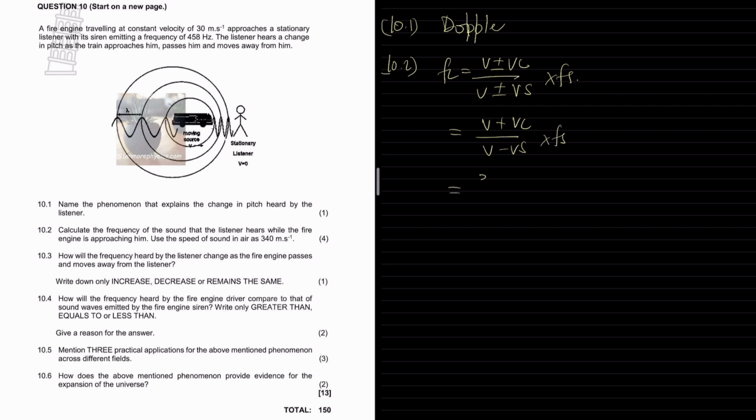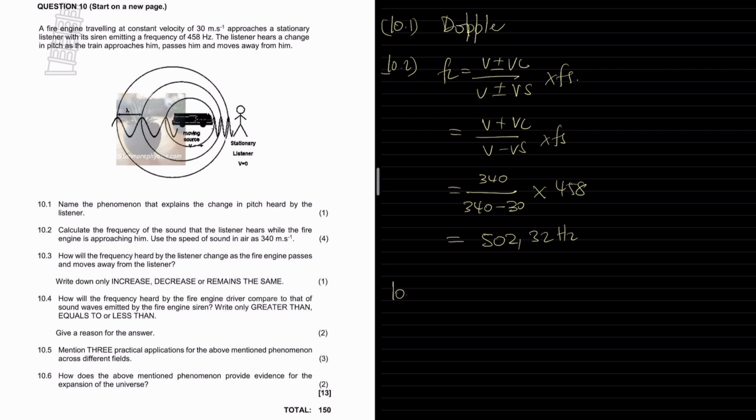So they tell us V is 340. The listener is stationary, so 0 over 340 minus the source is moving at 30 meters per second times the frequency of the source is 458. That gives us the listener hearing 502.32 Hertz.